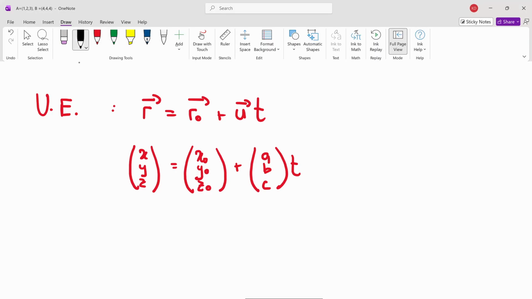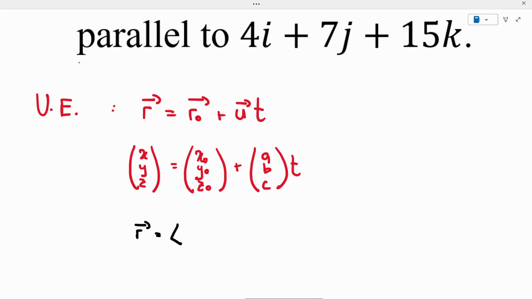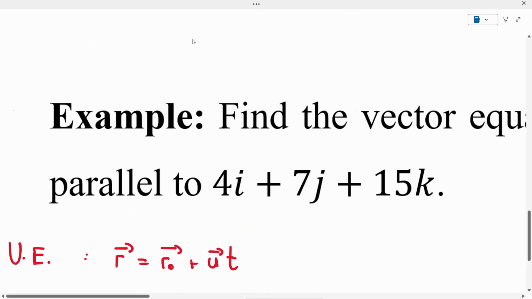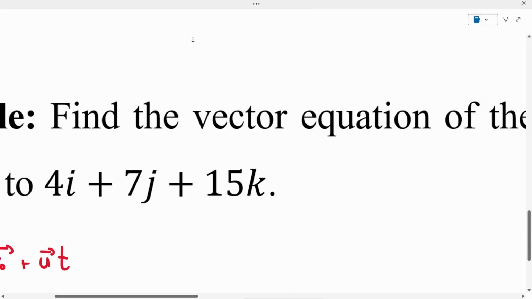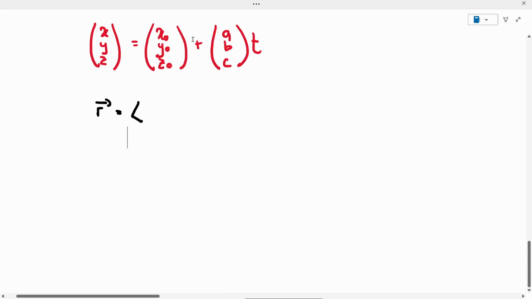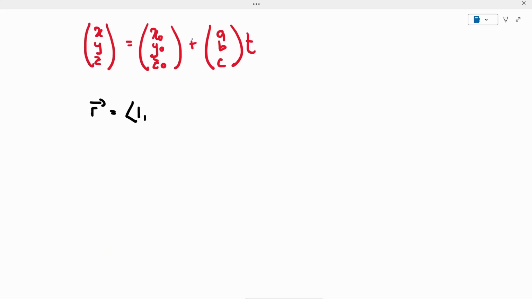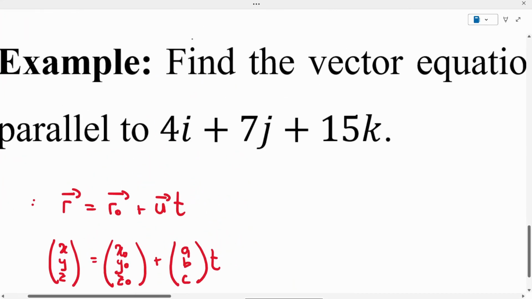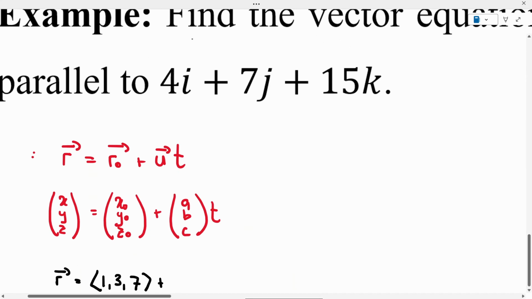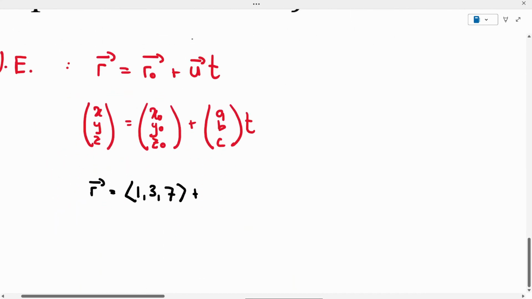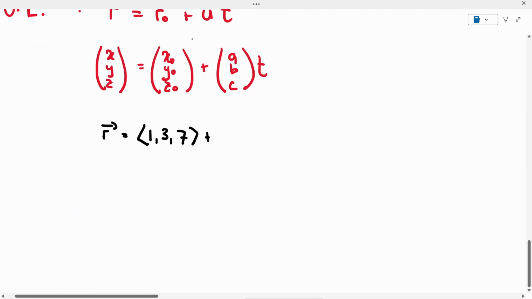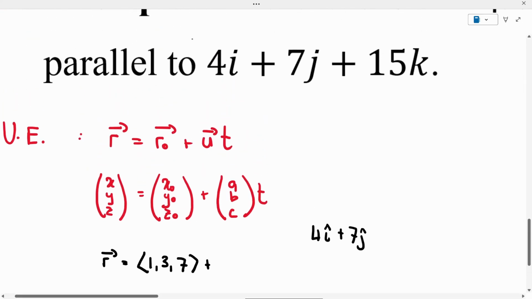So r is equal to, what was the point on the plane? It was 1, 3, 7, right? 1, 3, 7 plus, what is the vector parallel to the line? 4i plus 7j plus 15k, right? Now that vector, 4i plus 7j plus 15k.